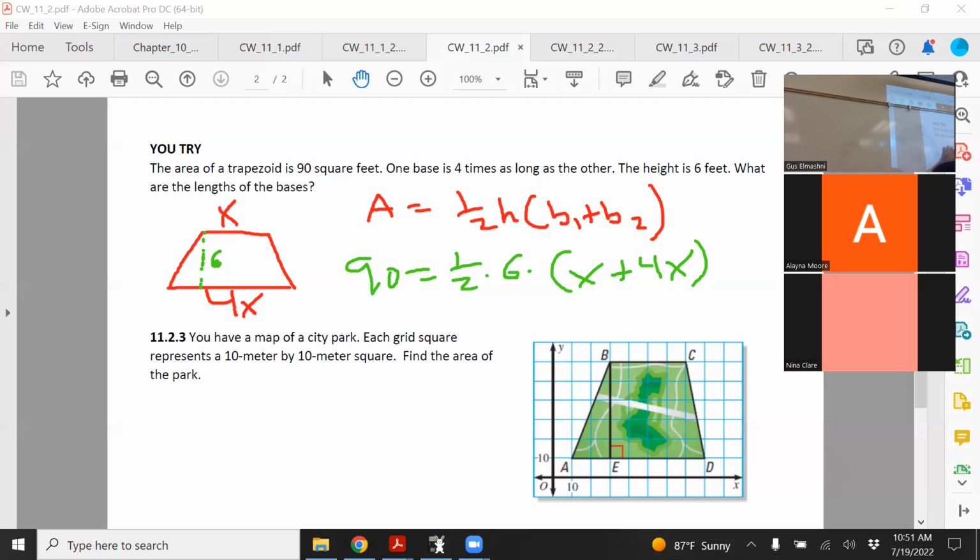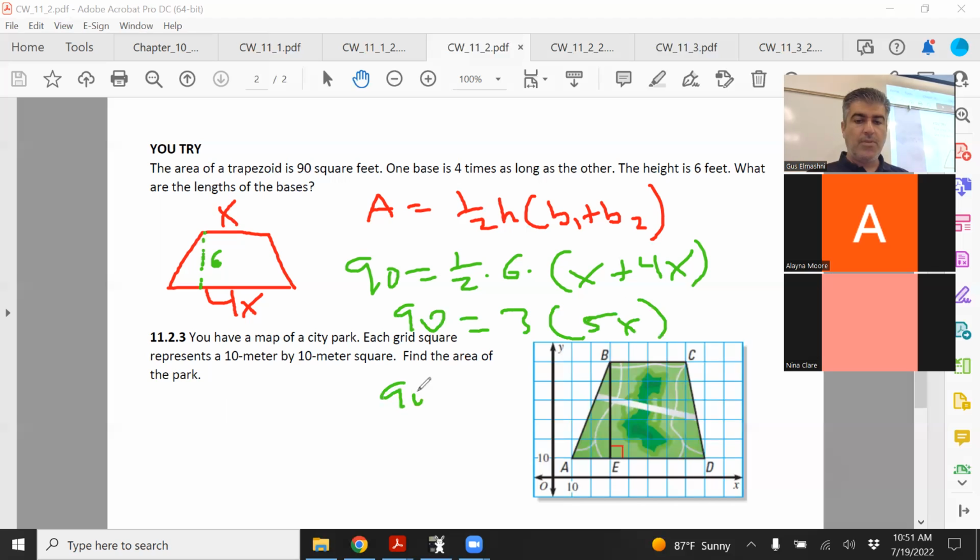You've got to use the skill. Let's draw a diagram. Okay, I know how a trapezoid looks. I don't know this side, called x. That's 4x because it said so. I know the height is 6. Plug away and then do the algebra. If I do the algebra, you should get 90 equals 3 times 5x. Half of 6 is 3. And x plus 4x is 5x. 90 equals 15x.